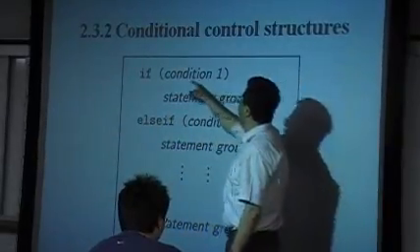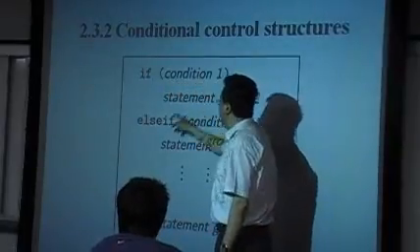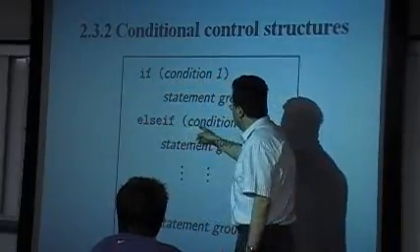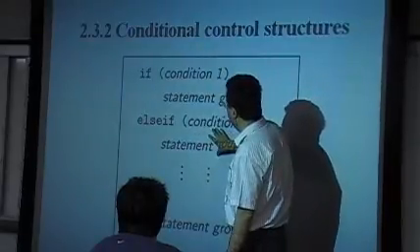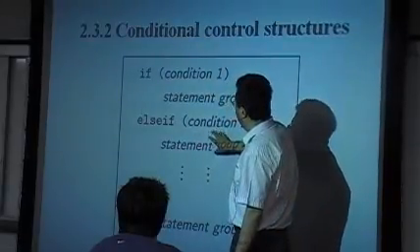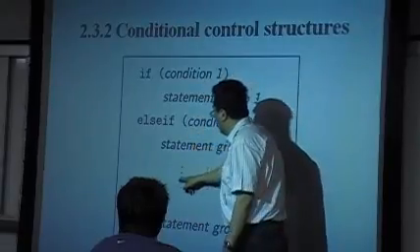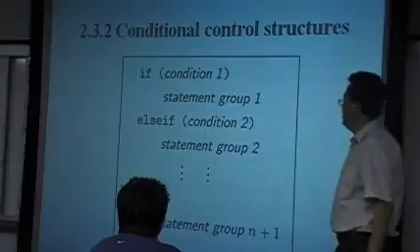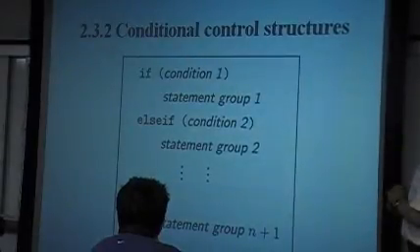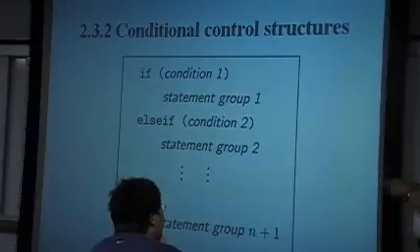If this condition is not satisfied, then the second condition is tested. If it is satisfied, then this part will be executed. If all the cases are not satisfied, this part will be executed. So this is the conditional control structure. I shall explain it with examples later on.